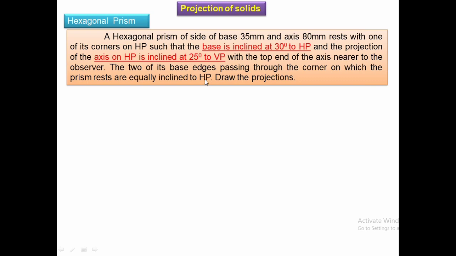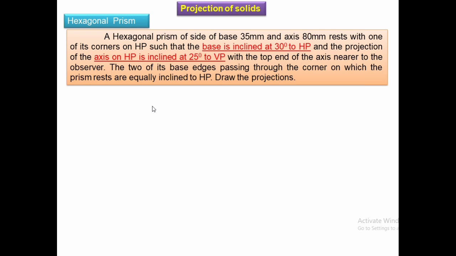Once you keep the corner to the right hand side and make it inclined with HP, automatically the two base edges containing that corner will be equally inclined to HP.